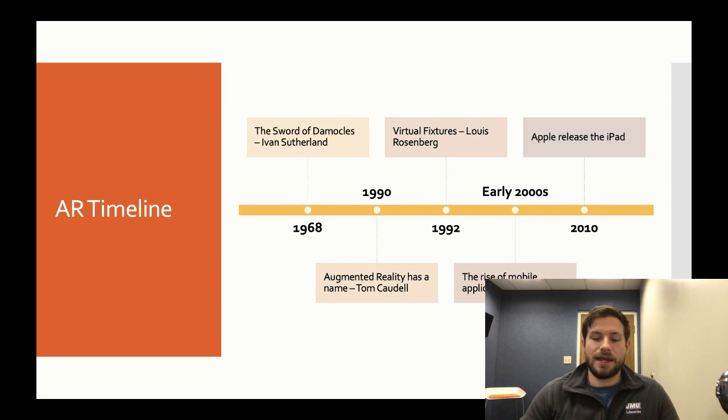Next, in 1990, Tom Caudell and Dave Mizell, two researchers for Boeing, came up with the name augmented reality when implementing a heads-up display, HUD, using it as a tool for visualizing complicated schematic diagrams. They both began working on their device when they were asked to create a replacement for the current system that Boeing used, which was just, at that time, large boards with wiring instructions for each of the different aircraft.